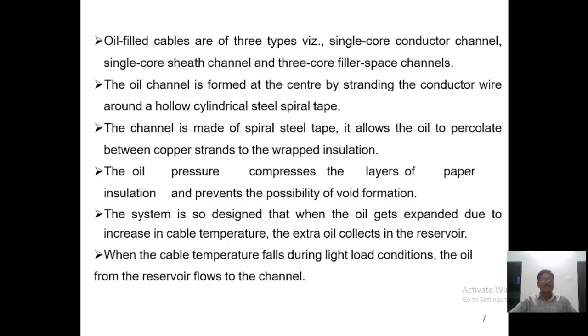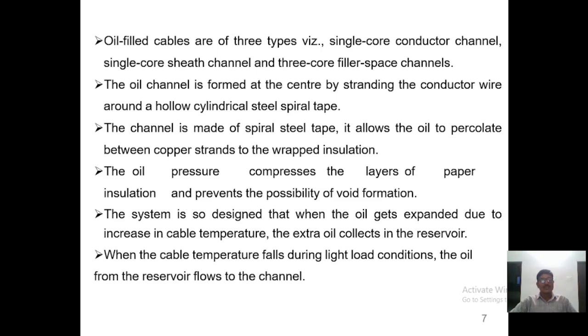The channel is made of spiral steel tape. It allows the oil to percolate between copper strands to the insulation. The oil pressure compresses the layer of paper insulation and prevents the possibility of void formation.